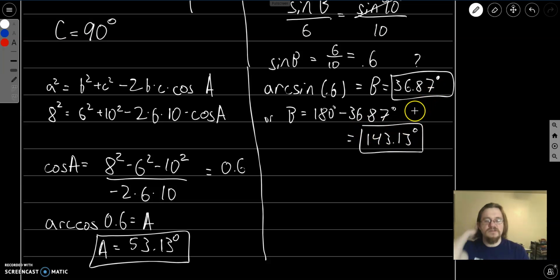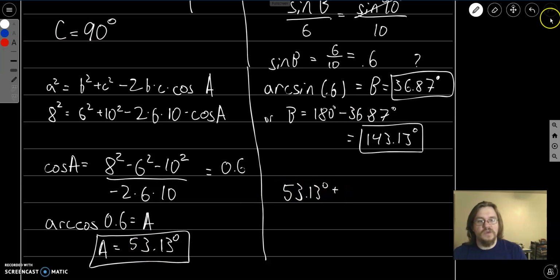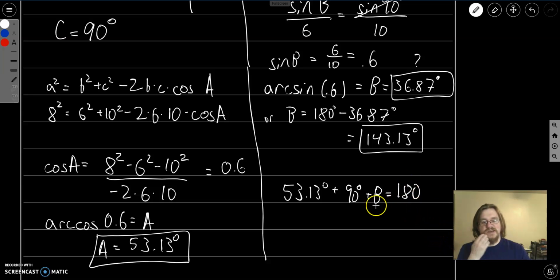Well, we know that the angles in a triangle have to add up to 180 degrees. So we know A. We know C. We don't know B yet, and this has got to add up to 180 degrees. Well, this is pretty easy.